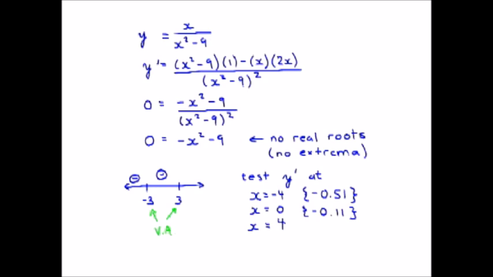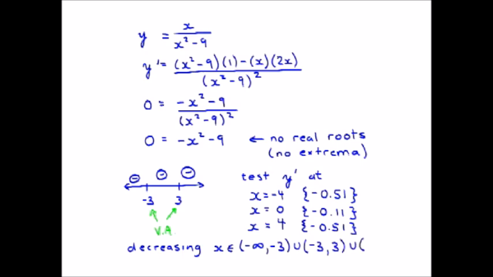And then I substituted the x value of 4 into my first derivative, y prime, and obtained negative 0.51. Another negative value, so I know my function is decreasing from 3 to infinity. So I do not have any increasing intervals at all for this particular function, so for increasing, my x values are a member of an empty set.